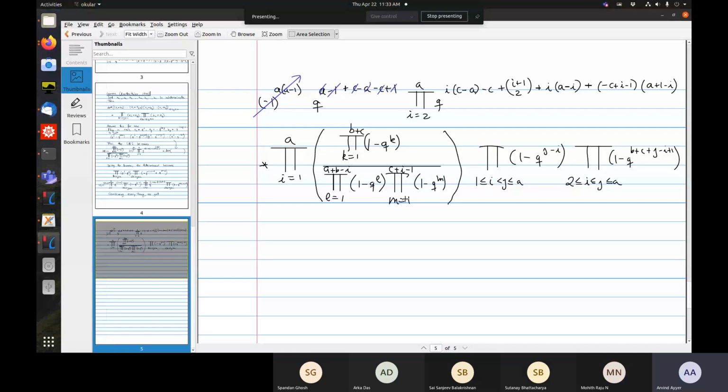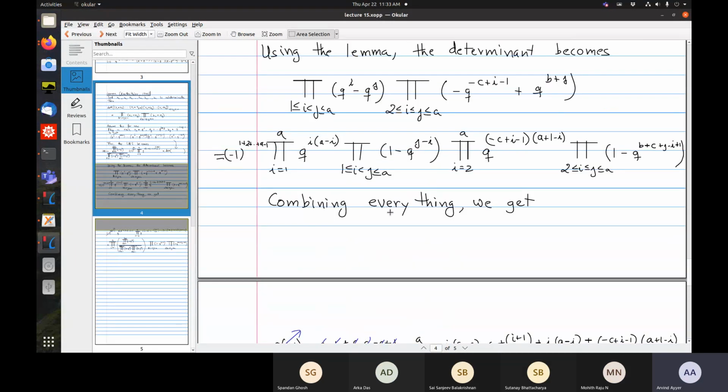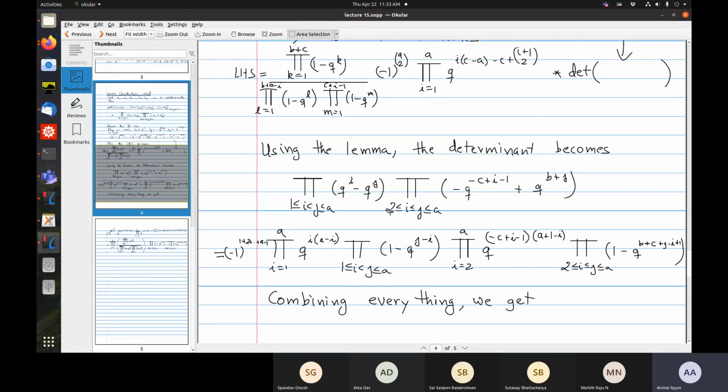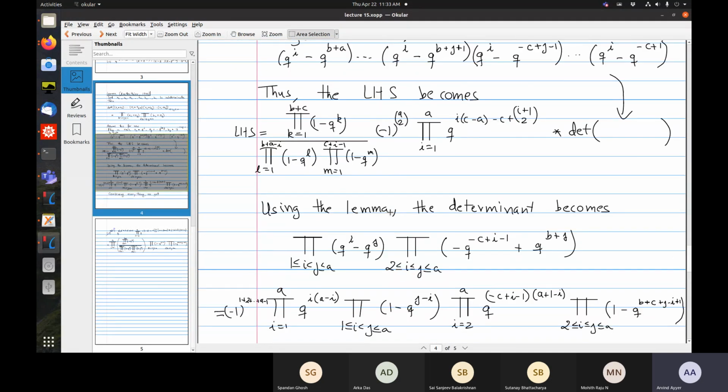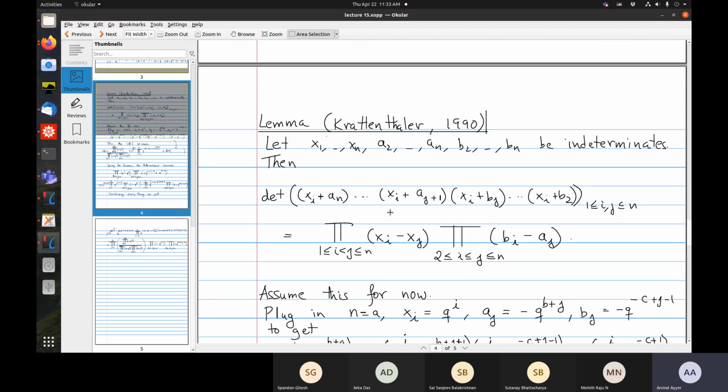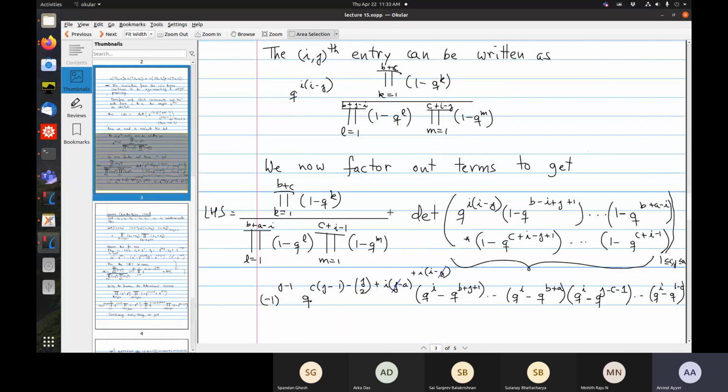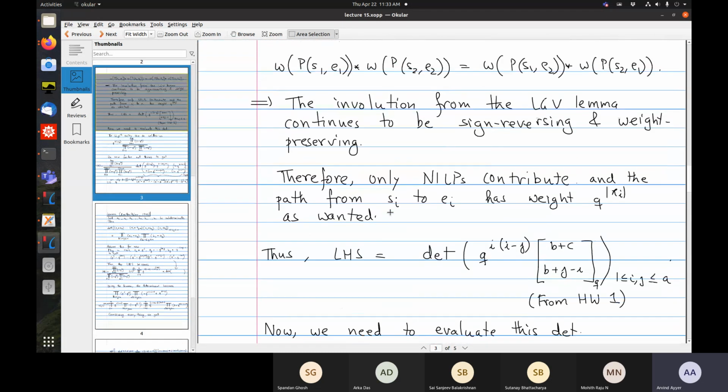So last time we were on our way to proving the box formula, so let me recall what we did. We started with this determinant.